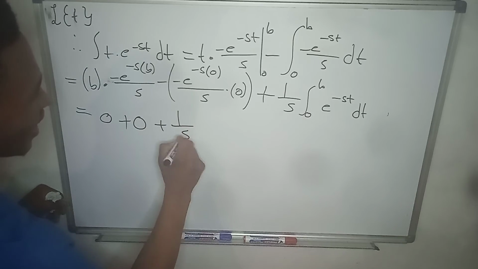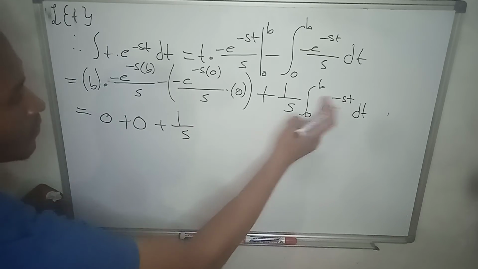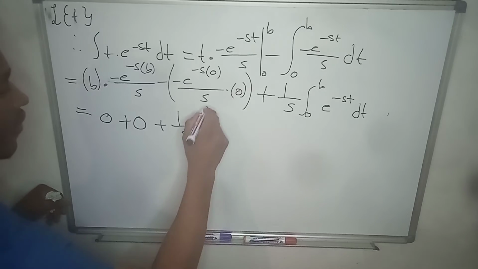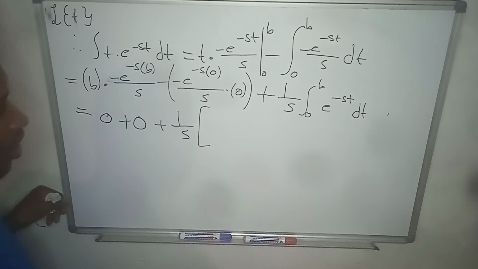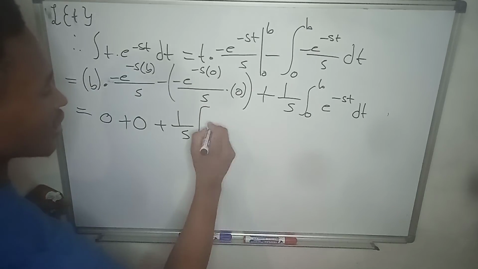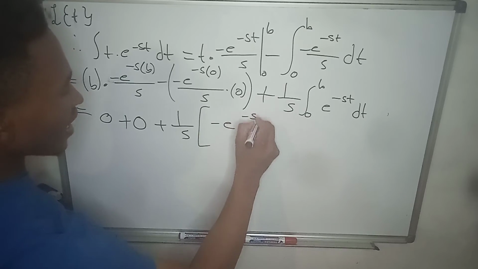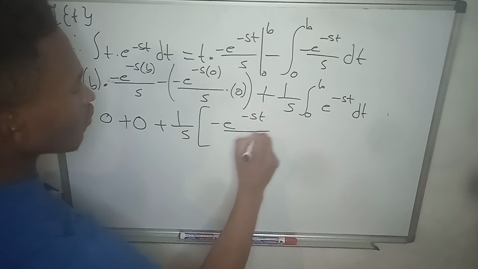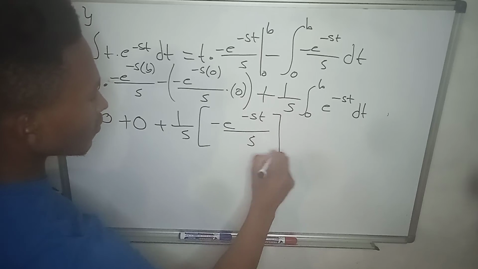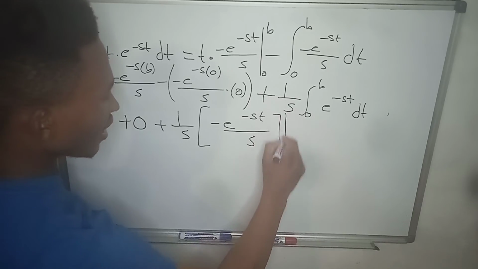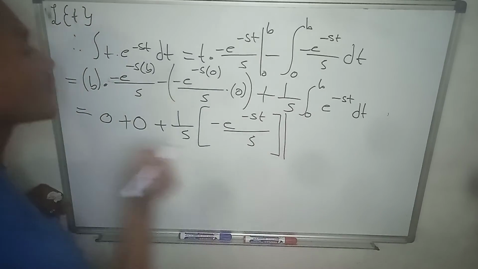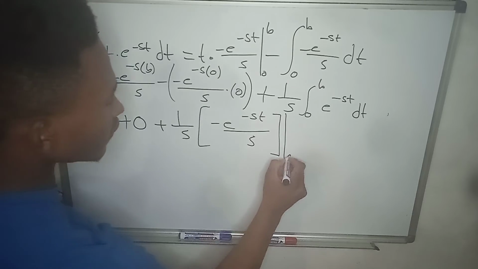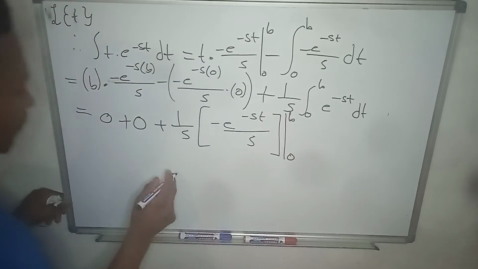Plus 1 over s. What is the integral of this thing? The integral is -e^(-st) all over s, with the interval from 0 all the way to b.